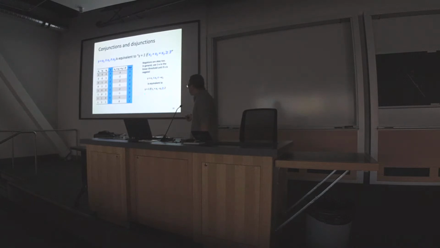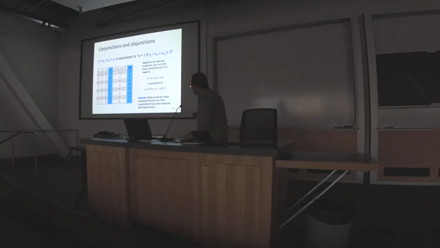Remember our definition is W transpose X plus B. X is now expanded to x1, x2, and x3, and W1, W2, and W3 are the coefficients of those X values. So you can just look at the coefficients: 1, 1, negative 1. And the bias is minus 2, because we assume it's plus B, so you move the 2 to the left-hand side and get minus 2. Any question? Okay, great.